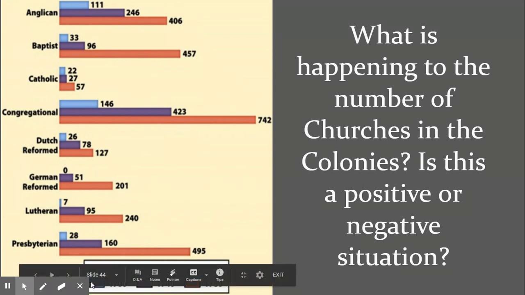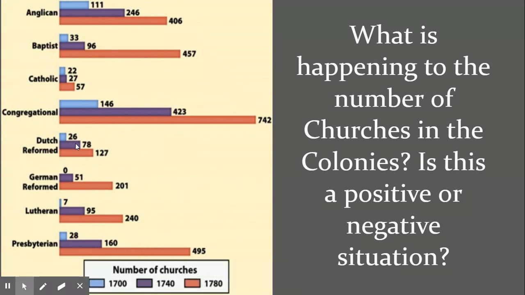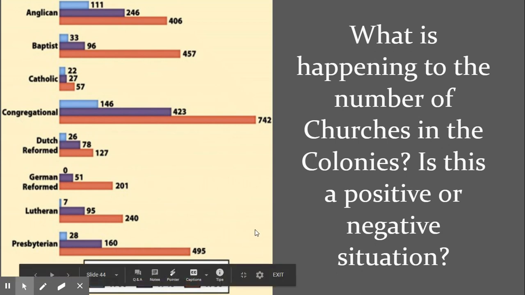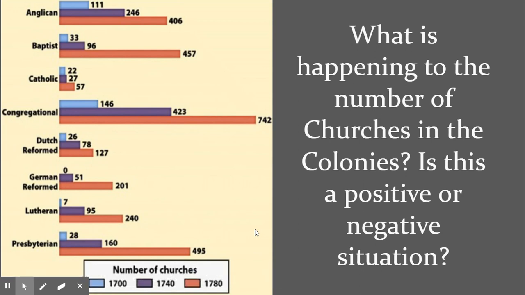In the same amount of time from 1700 to 1740, where you only gained about 63 churches, you gained another 300 churches. All of this is because we bring religion back to the colonies. We have to have religion in the colonies, or so they thought.